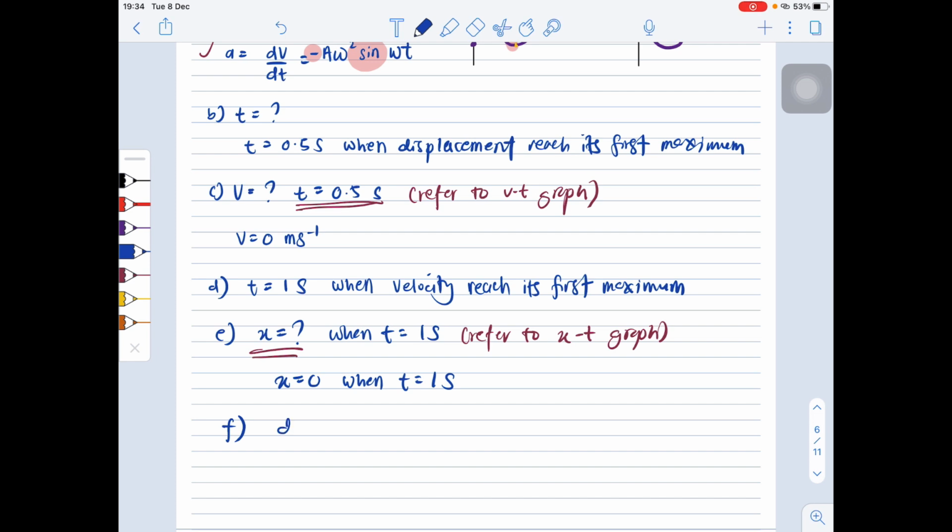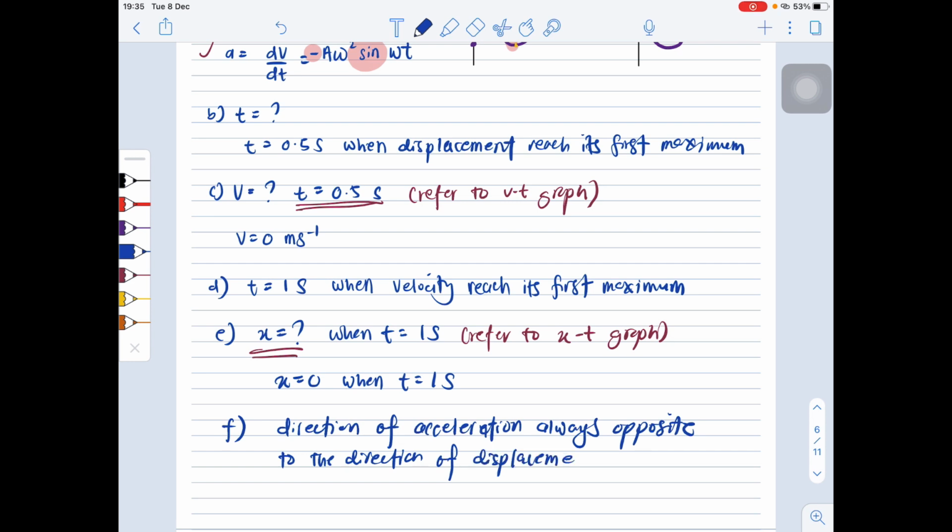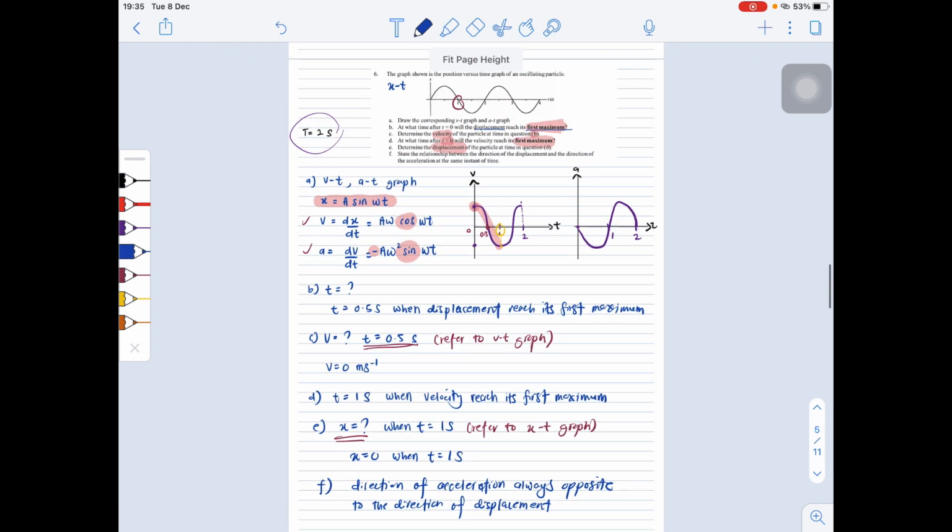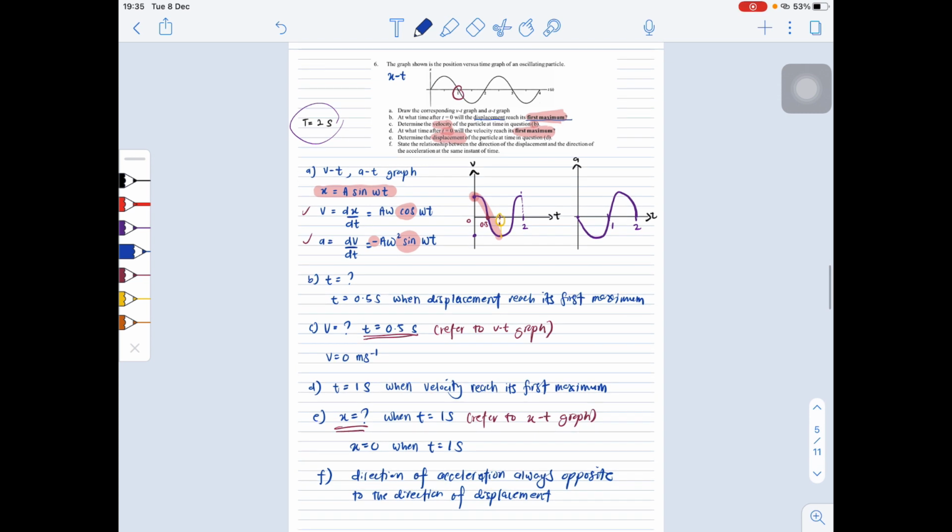The direction of acceleration is always opposite to the direction of displacement. Untuk masa yang sama dia akan always opposite to the direction of displacement. So that is all for question 6. Thank you.